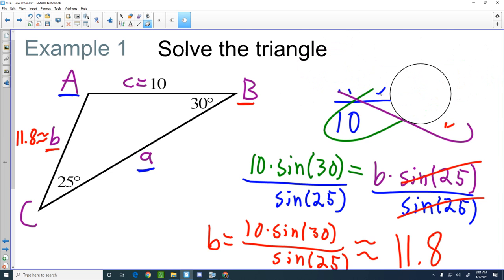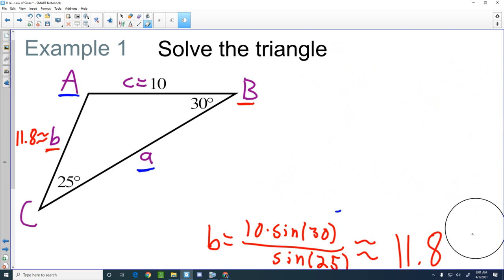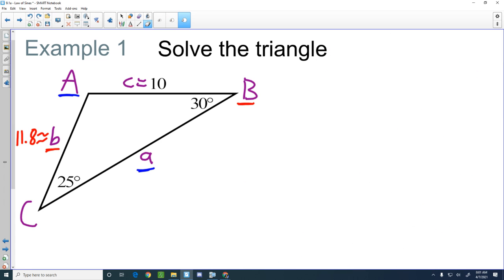So how do we figure that out? We didn't know angle A. But since I knew that angles B and C were 30 and 25, and all three angles in a triangle had to add up to 180 degrees, I can just say angle A equals 180 minus those other two angles that are given.